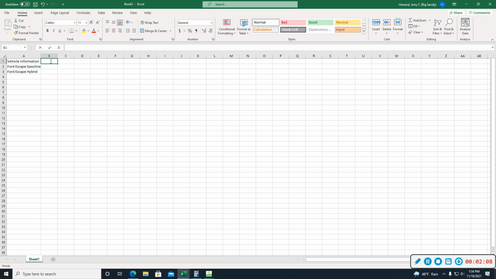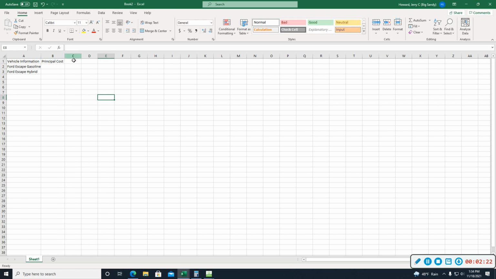Okay. The next is B, and in 1B, I want to put principal cost, and that's how much the vehicle cost. Double click to open that up. The next one I want to do is going to be the interest rate.